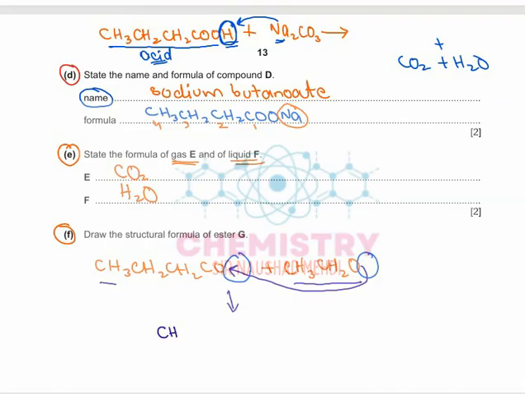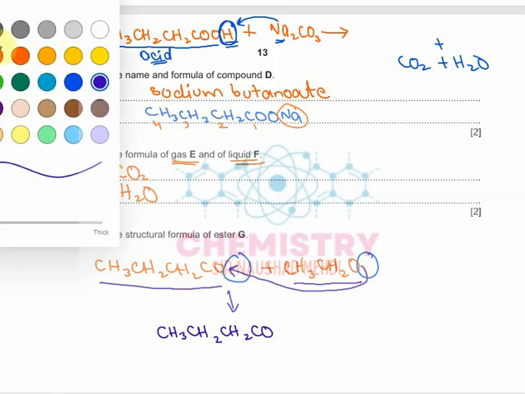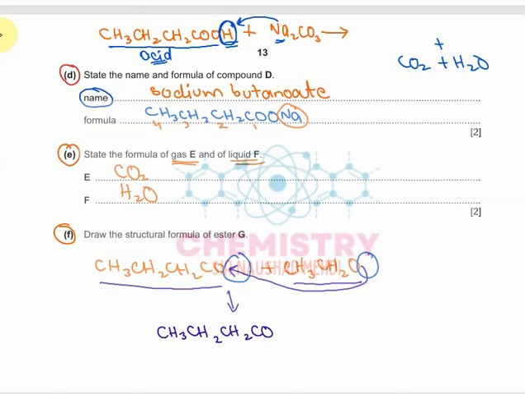I am writing this part of butanoic acid, CH3CH2CH2CO. Now this oxygen will be joined with the oxygen of the alcohol, right? So in the alcohol we have this oxygen, and beside oxygen what do we have? CH2CH3. Okay, so this is the final answer.